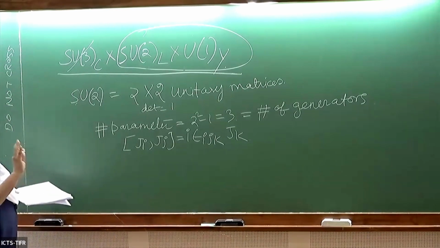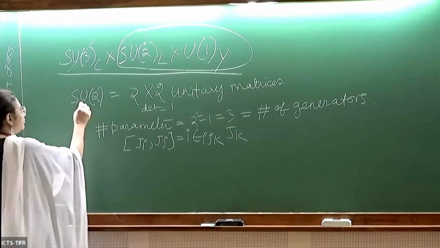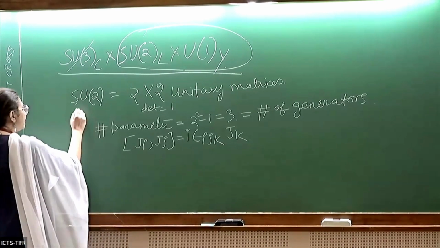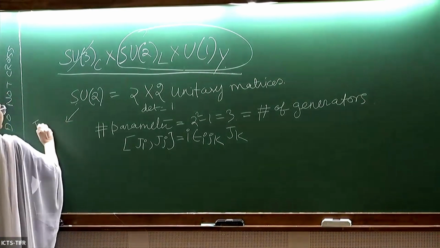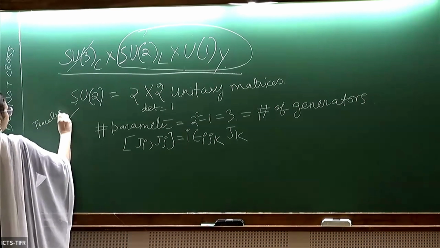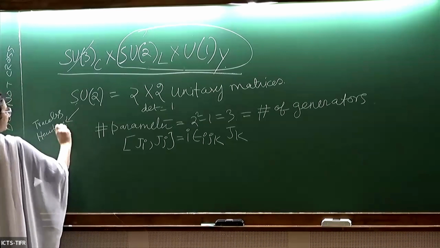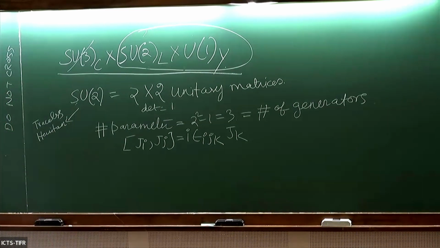So we have to be a little careful about the matrices. SU(2) is a group of 2 cross 2 matrices, but the SU(2) generators are traceless Hermitian matrices. In physics, they are Hermitian matrices.